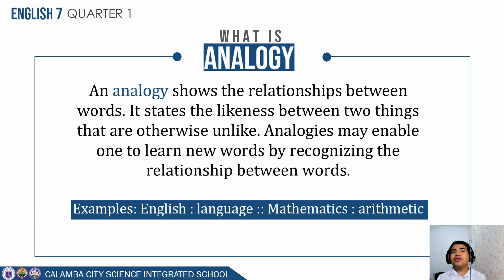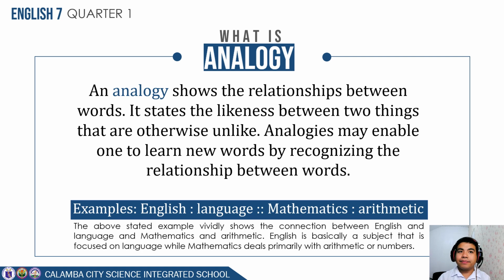Furthermore, an analogy shows the relationships between words. It states the likeness between two things that are otherwise unlike. Analogies may enable one to learn new words by recognizing the relationship between words. Example: English is to language as mathematics is to arithmetic.